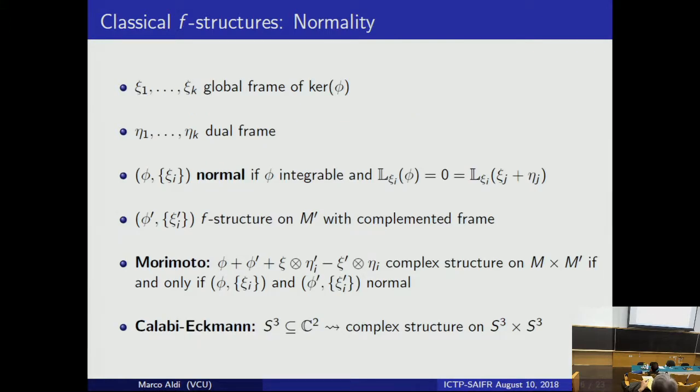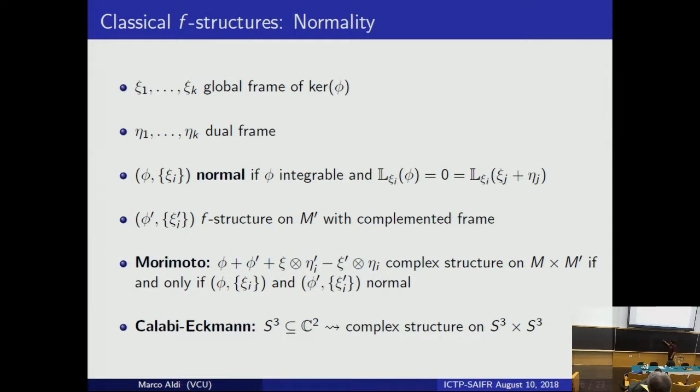Now, one thing that was already worked out in the classical literature in the late 60s, early 70s, is the notion of normality of this classical F structure. So suppose that we have the decomposition that we have had before.